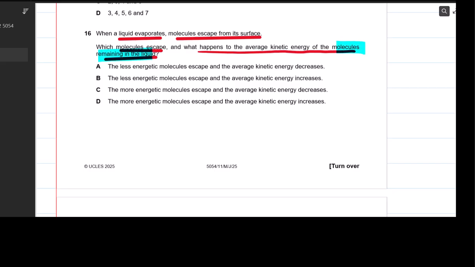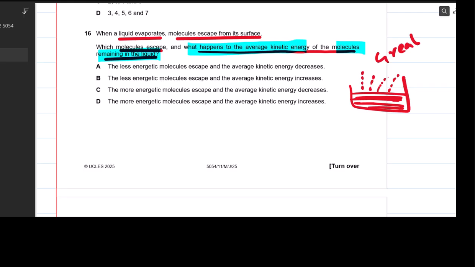Okay, suppose this is a beaker having water in it, so molecules start escaping from here. Which molecules escape? Having a greater temperature, or you can say having greater kinetic energy.